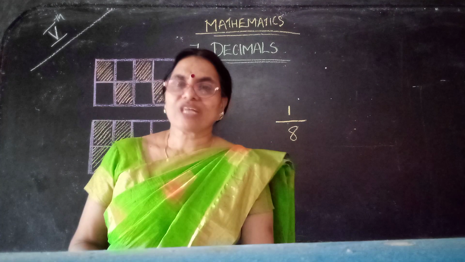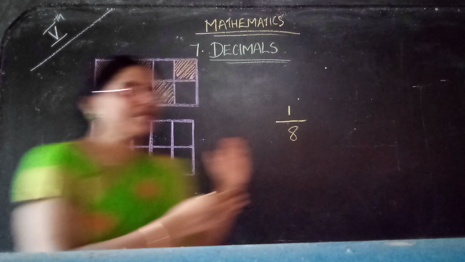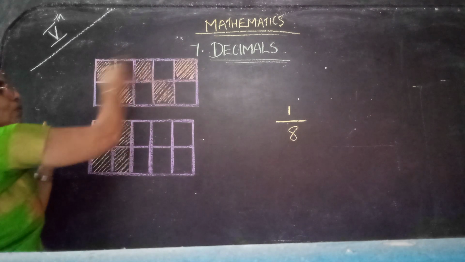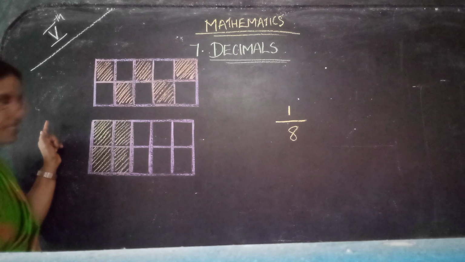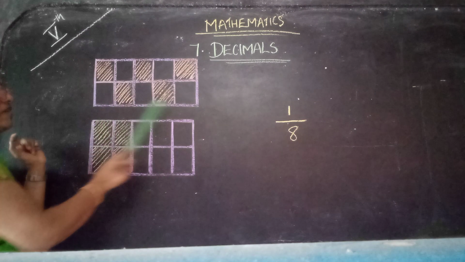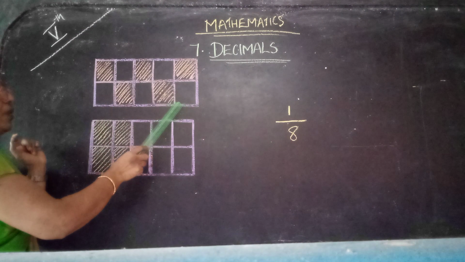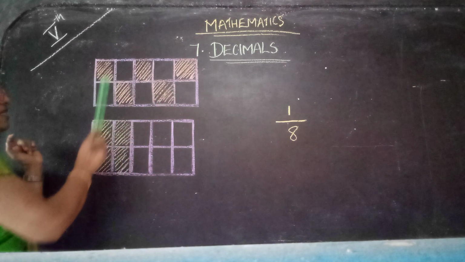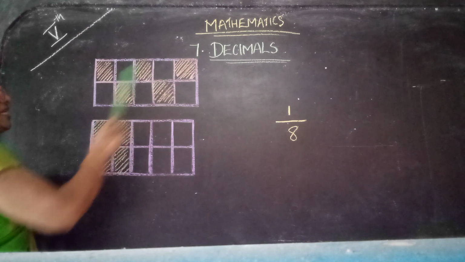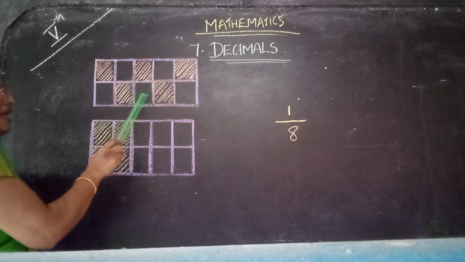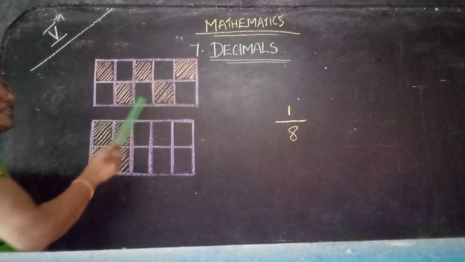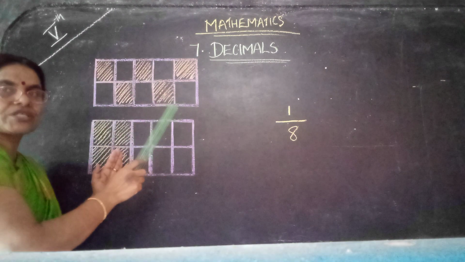Okay, shall we start? Yes, come. See here, children. This is a whole box. It can be divided into 10 equal parts. See here, 1, 2, 3, 4, 5, 6, 7, 8, 9, 10. How many equal parts, children? 10 equal parts.